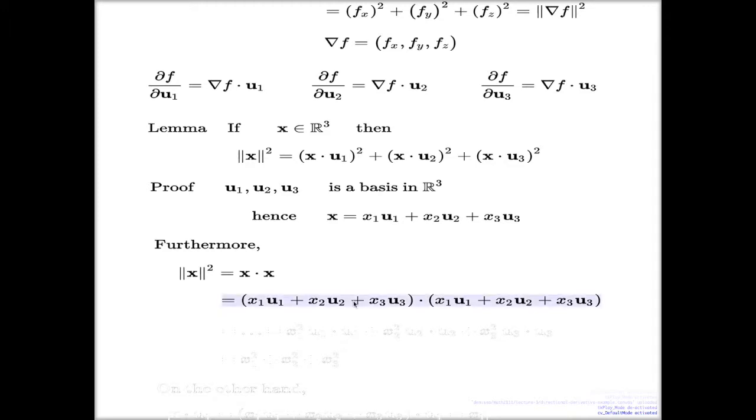Only those products stay where you dot product u on one side with the same u in the second factor. Numerical coefficients obviously will be squared in that case.